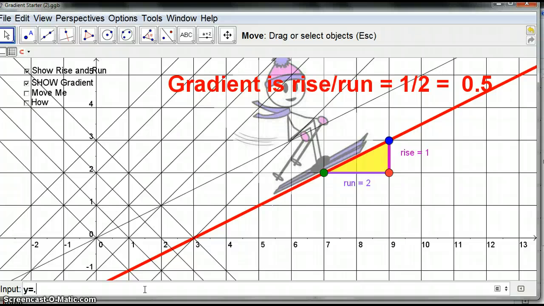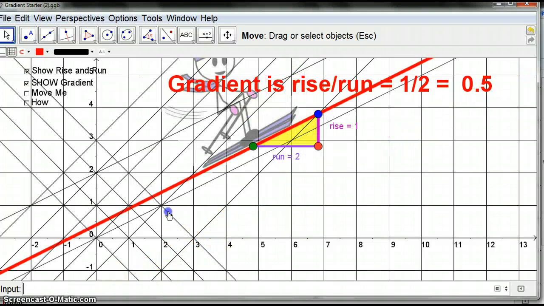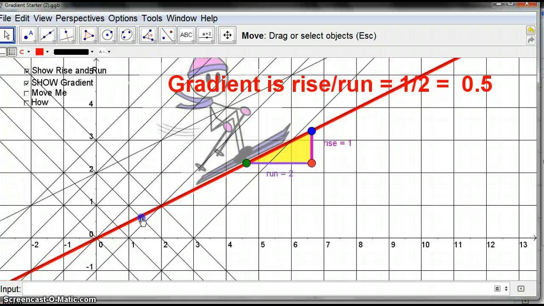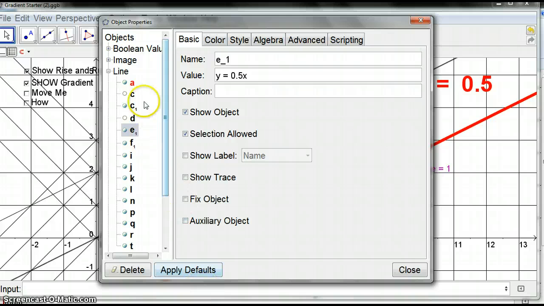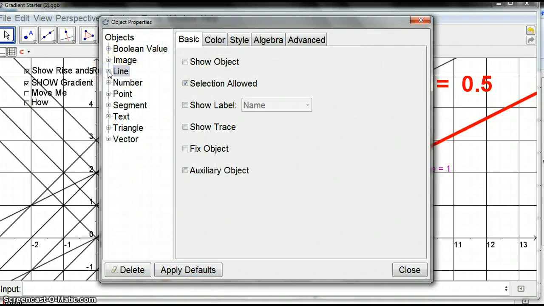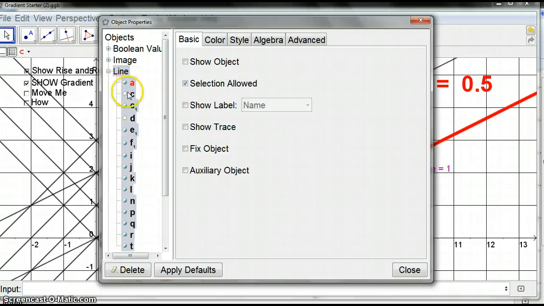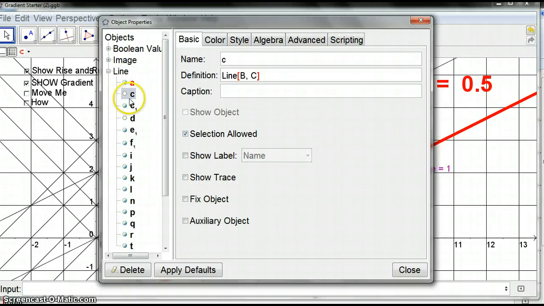Y equals 0.5x plus 2, I get that. Make sense? Yes? So that line here and that line here have the gradient of a half. There's a nod. Good.